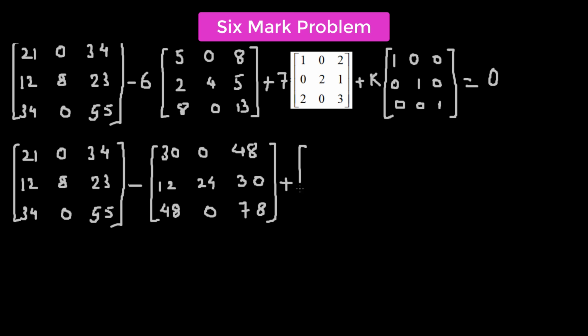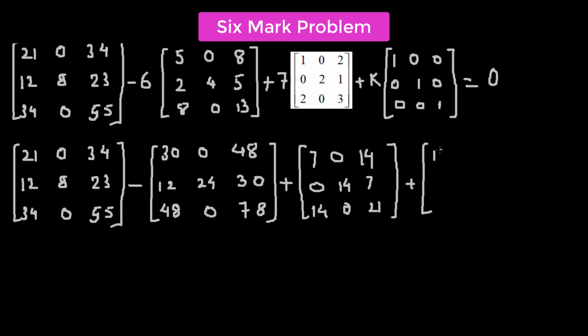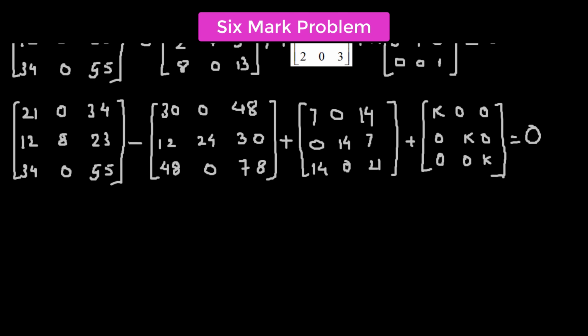Plus 7 0 14, 0 14 7, 14 0 21, plus k 0 0, 0 k 0 and 0 0 k. This is equal to the 0 matrix.